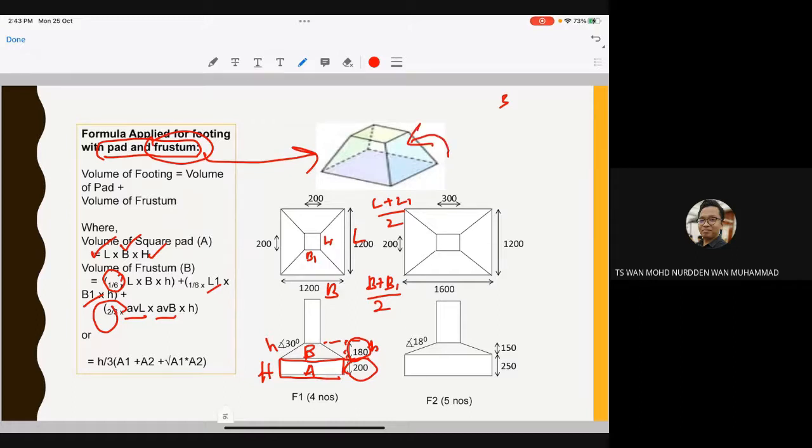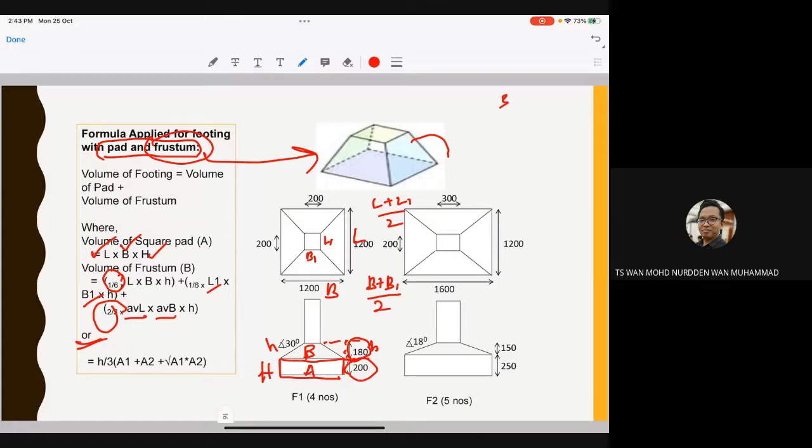And how do we get 1/6 and 2/3? There is a formula. For this formula, you can study how they come out with it. Or the easiest way is to do it like this: H/3, bracket A1 plus A2, area 1 plus area 2.